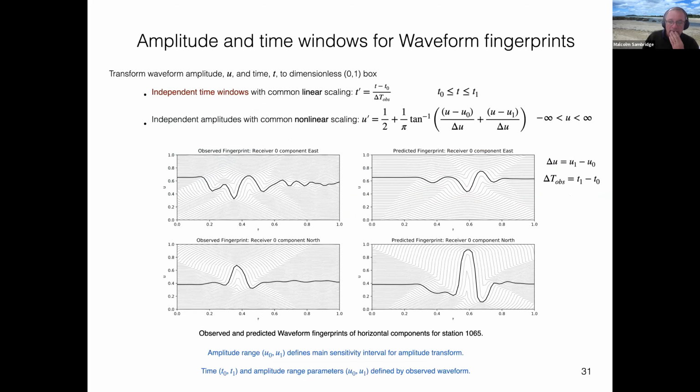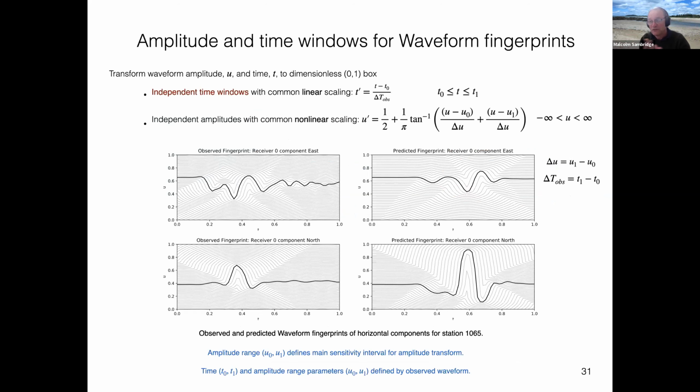Now, to do this, I've used my waveforms. The only generalization of what I've said before is that I've used 2 different time windows and I've rescaled my amplitudes using this mapping here, because our full waveform inversion can't control where the amplitudes would be. We want the amplitudes to be within our window.